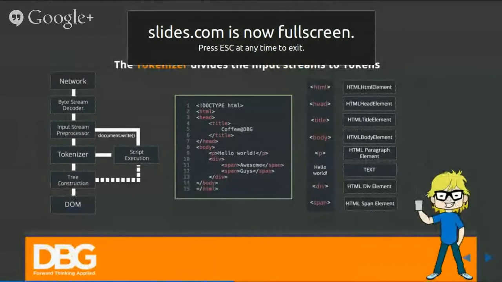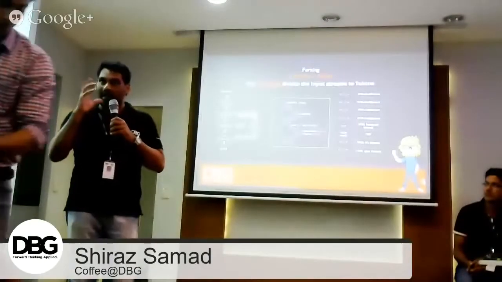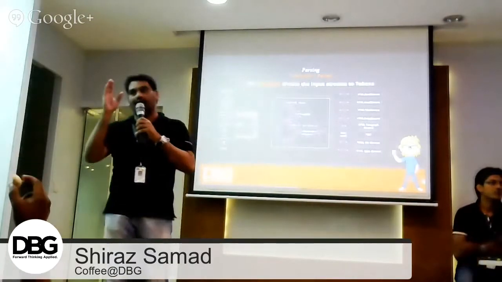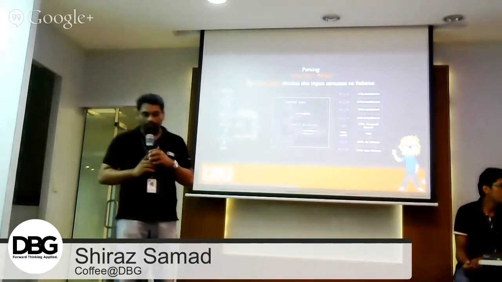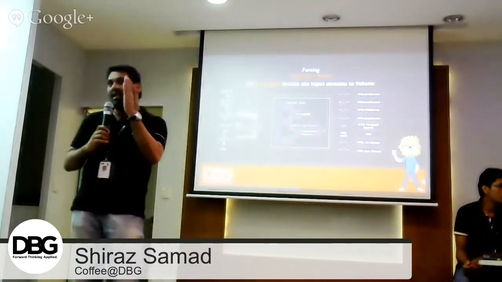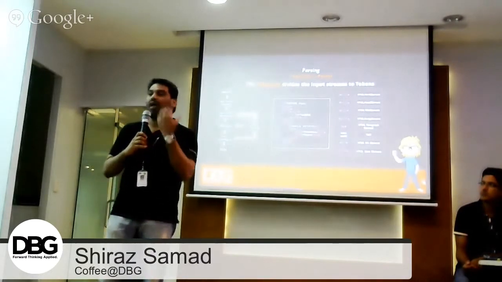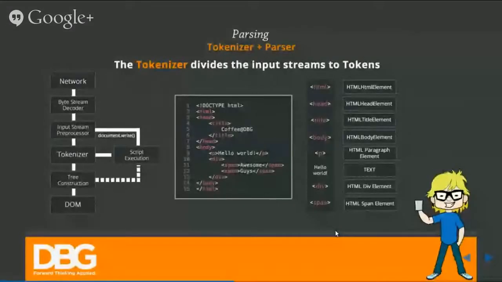Parsing is done with the co-working of two components. One is a tokenizer and the other is a parser. The tokenizer knows how to split the HTML input into words which the browser knows. Then a tree called the DOM tree is created, and the parser creates the DOM tree.